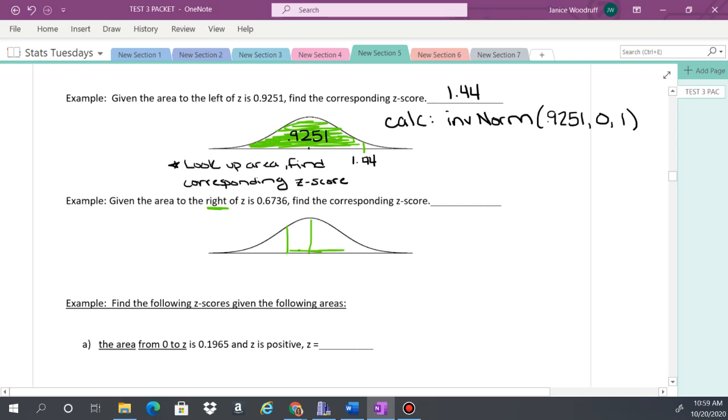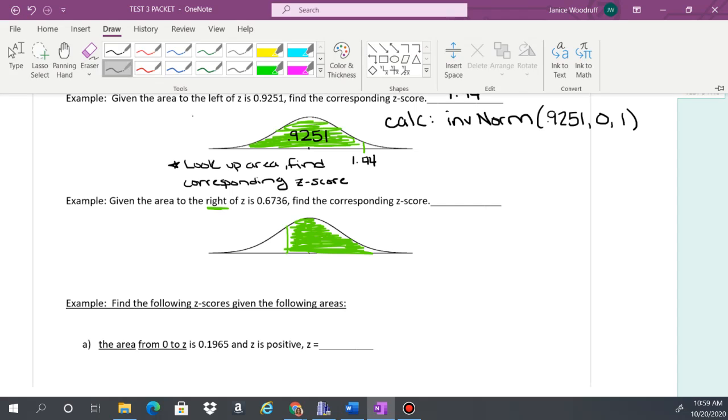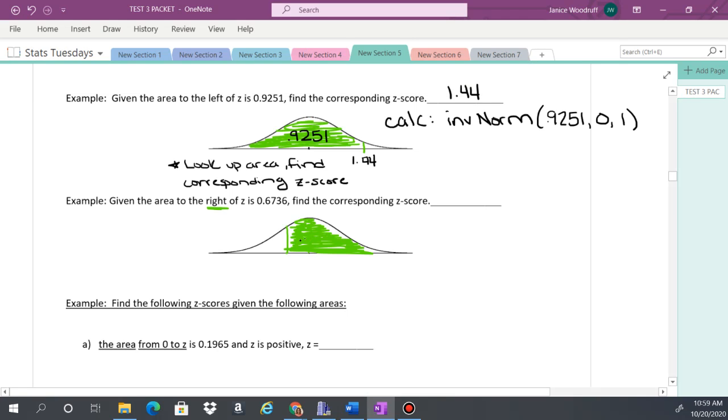So this part here to the right is 0.6736, which means this part here is unknown.